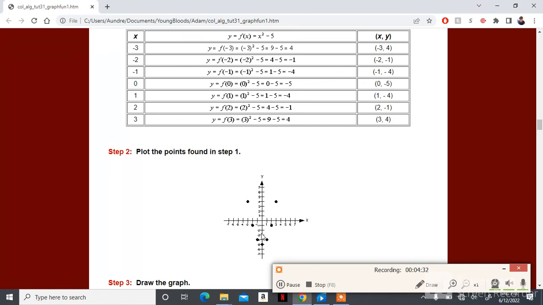And negative 1, bam. Negative 4, bam. Intercept, bam. And that's our point. Wait, x is negative 1 and y is negative 4.